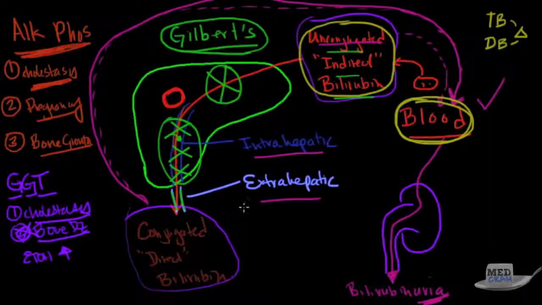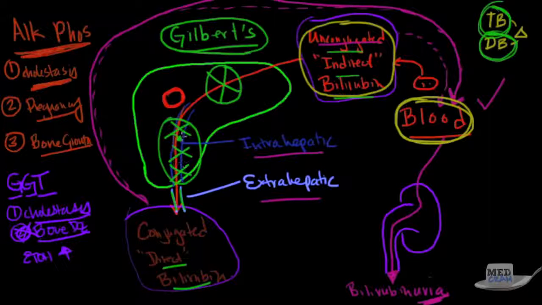So how do you tell if that's what's going on? Well, in this situation, because the blockage is here, you're going to see at least 50% of the bilirubin in the blood being of the direct type. So if you check a total bilirubin and a direct bilirubin, you'll see that the direct bilirubin is more than 50% of the total bilirubin.